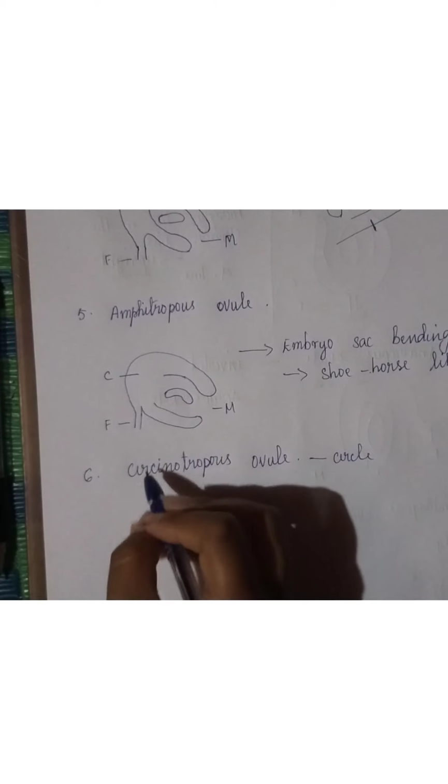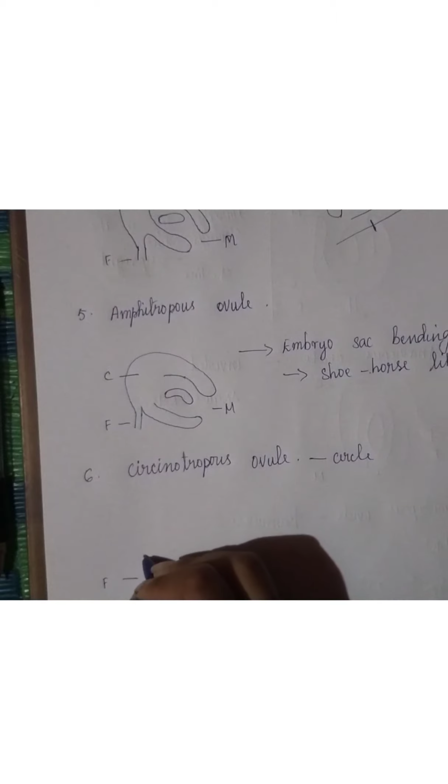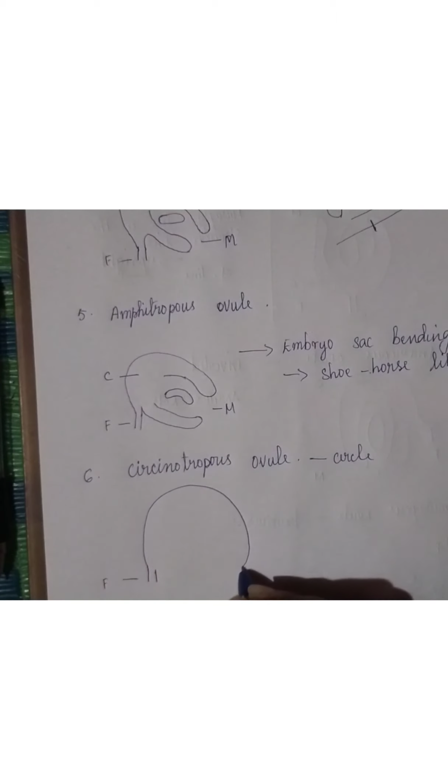That is why it is known as circinotropous. So this is the funicle, and then it goes like this.